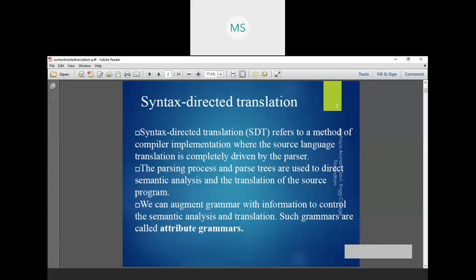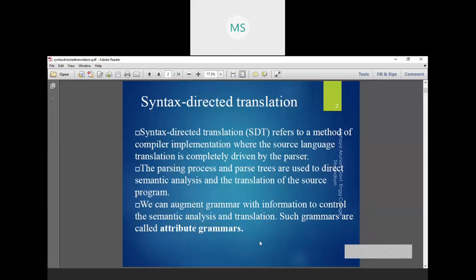The parsing process and parse tree are used to direct semantic analysis and translation of the source program. Then we can augment the grammar. Augment means you change the start symbol with another, rewriting the grammar. Augment the grammar with information to control the semantic analysis and translation. Such a grammar is called an attribute grammar.